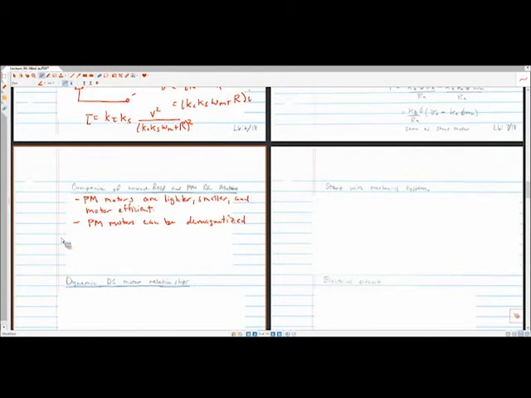Be demagnetized by excessive magnetic fields, excessive voltage, extreme temperatures. And also noted, as it's stated in the book, they have greater variability.